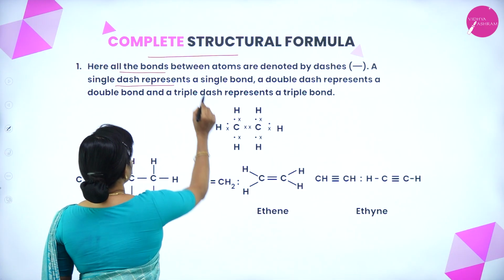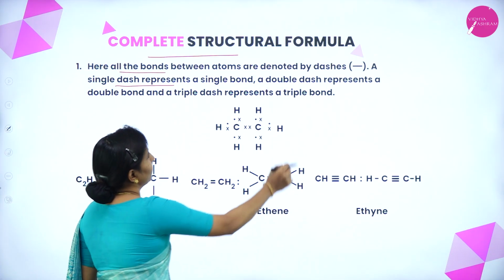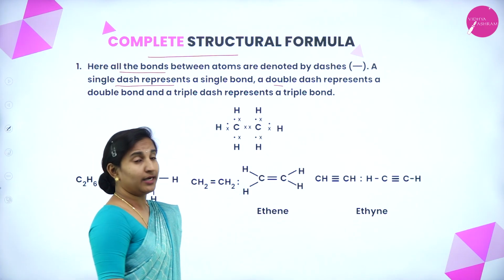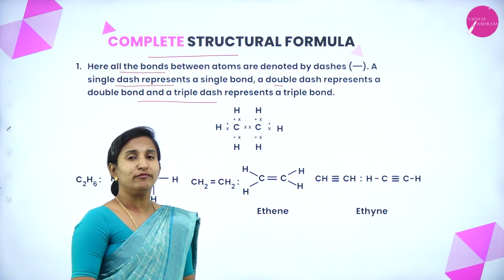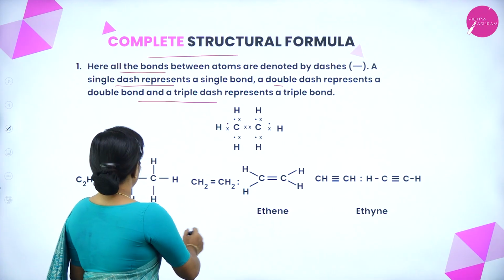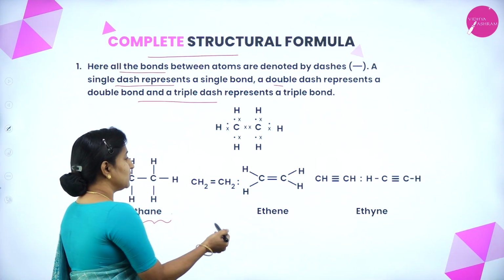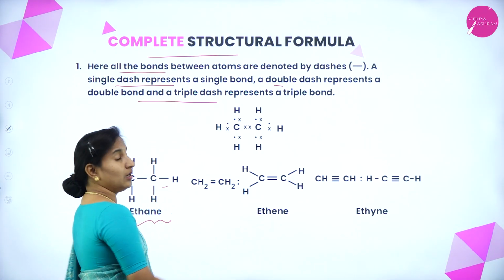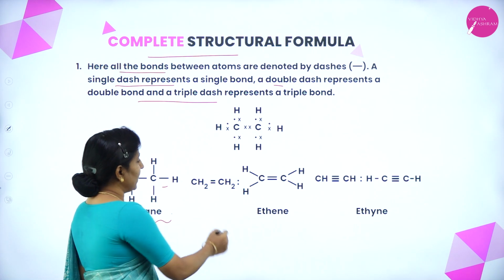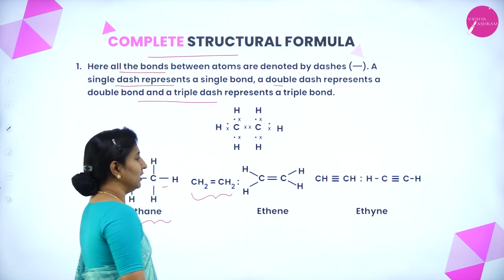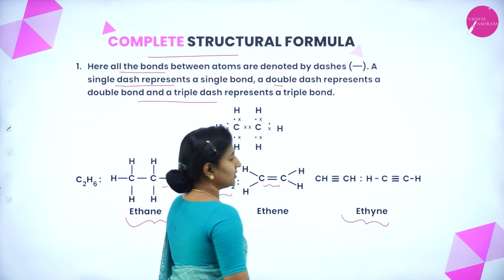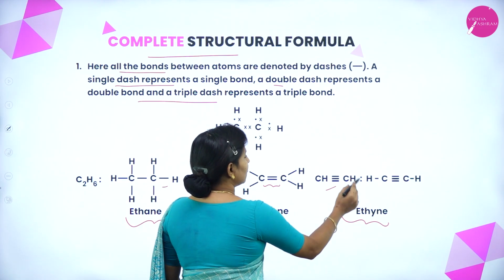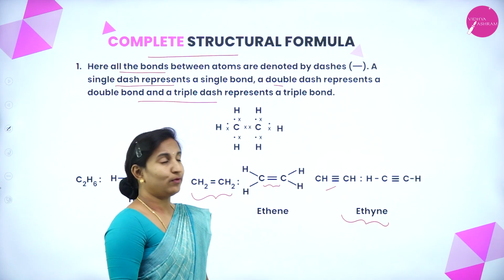A single dash represents a single bond, a double dash represents a double bond, and a triple dash represents the presence of a triple bond. So this is ethane, a single bonded compound. This is ethene, a double bonded compound. This is ethyne, a triple bonded compound.